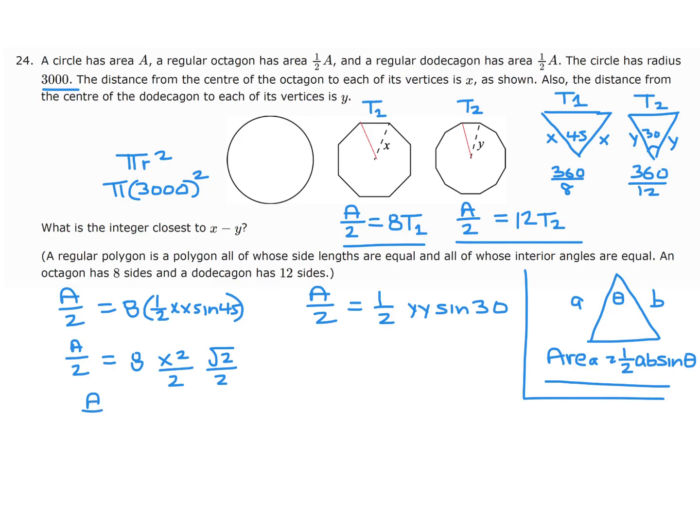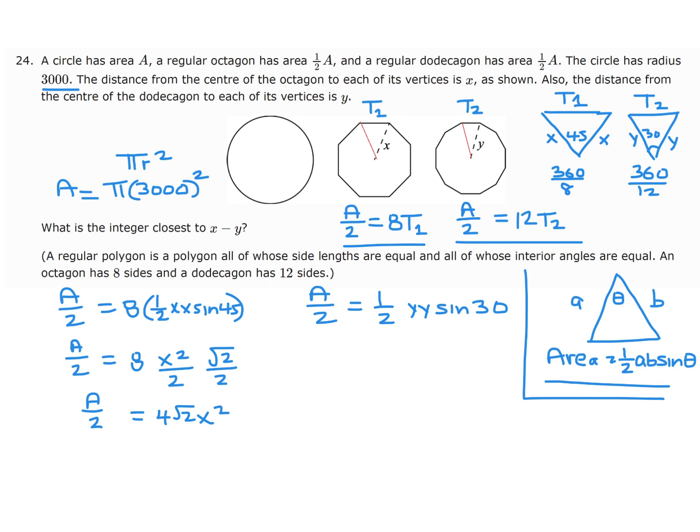So we have A over 2 is equal to 4 root 2 x squared. That definitely helps, because A is this guy, right? We already know what A is, so then we can definitely figure out the value of x. Okay, that's very helpful.